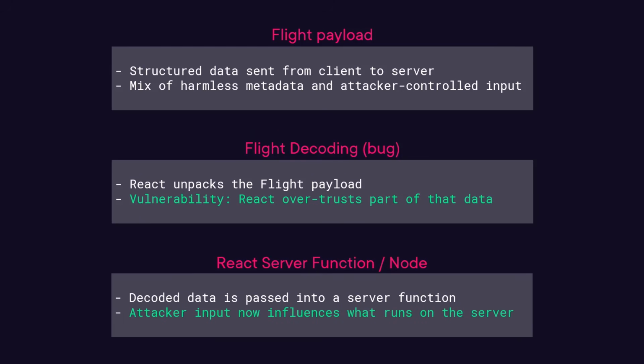And so with the right payload, an attacker can essentially nudge the decoder into treating something that should be harmless metadata as something it should actually execute on the server. Now, in practical terms, that means a request hitting a React Server function endpoint can carry a crafted payload that ends up giving the attacker remote code execution.